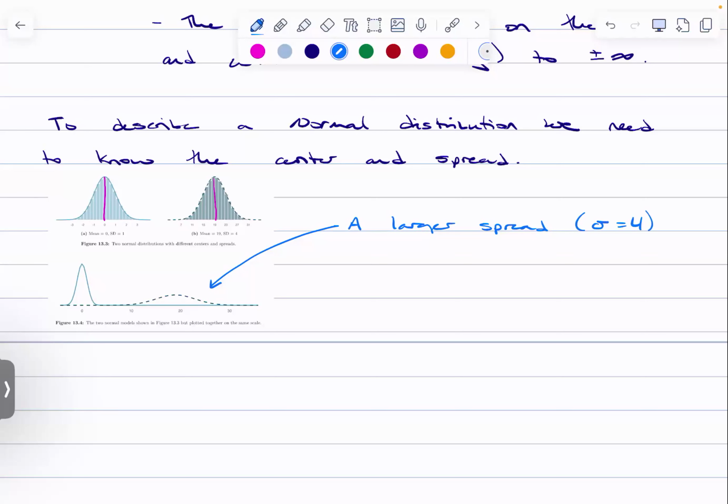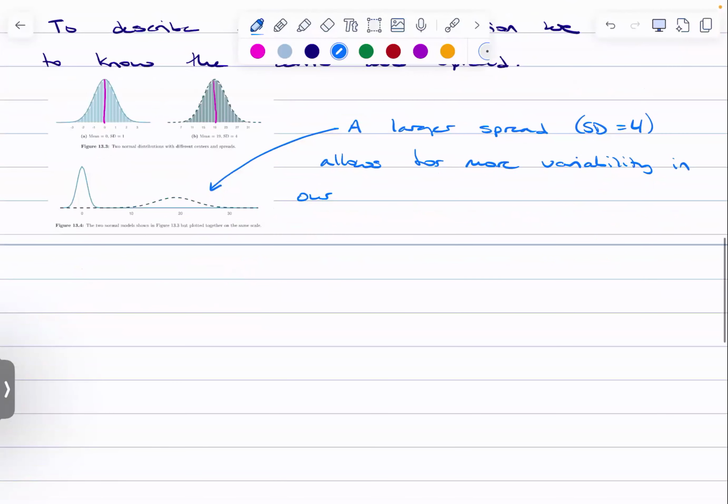Standard deviation is 4. Oh, she didn't use sigma, let's use ST. Standard deviation is 4. Allows for more variability in our outcomes or observations.